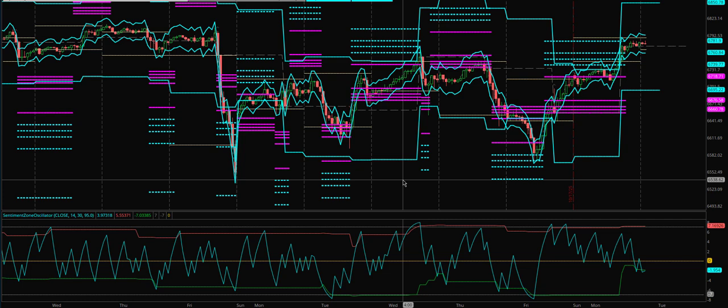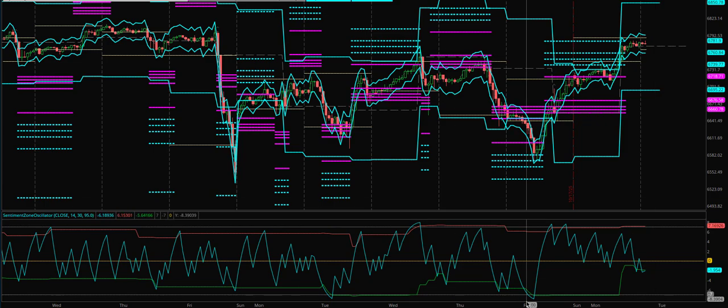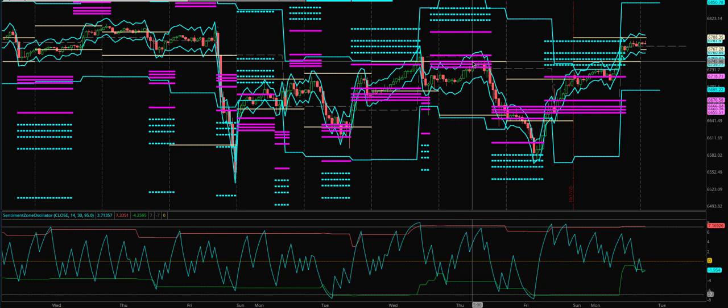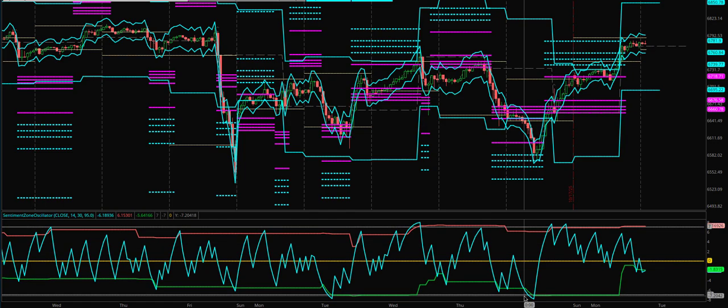To entice yourself to take a position, the price has to be at these levels, magenta or cyan, and then look at the oscillation structure.